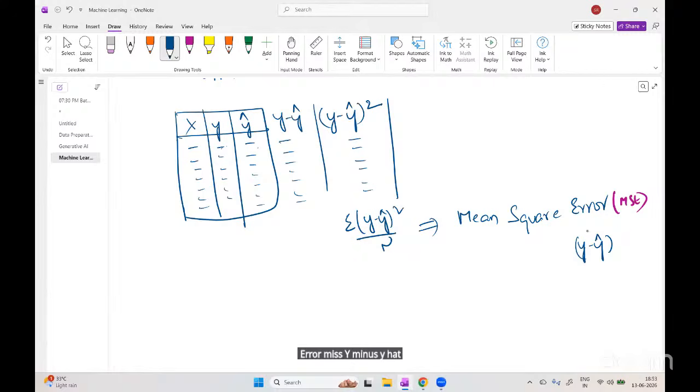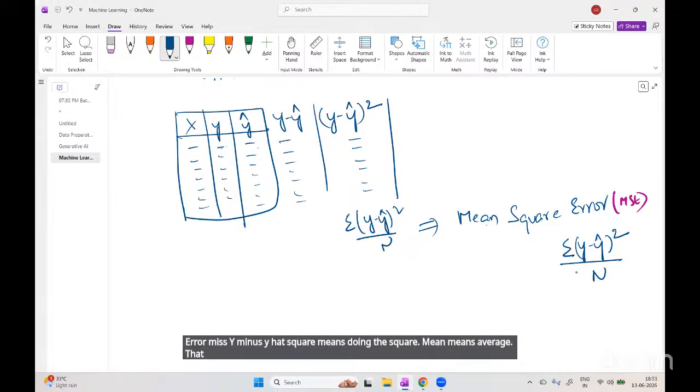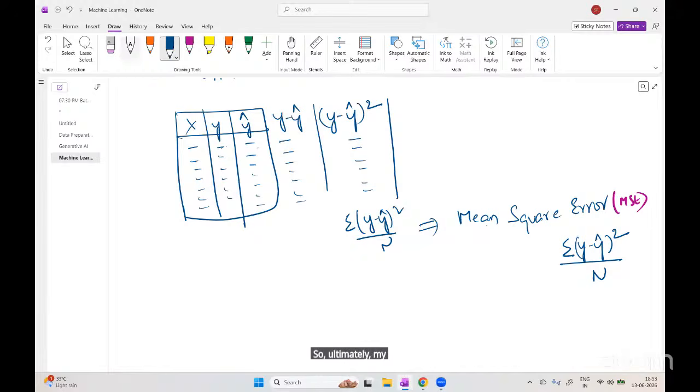Square means doing the square. Mean means average. That is nothing but sum of the values divided by total number of values. So ultimately my requirement is to identify the least mean square error. Okay, that is the reason.